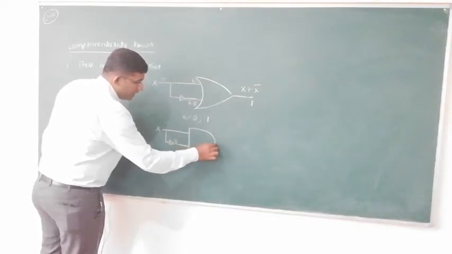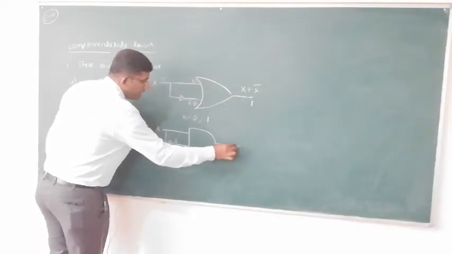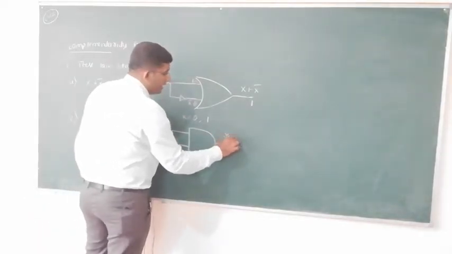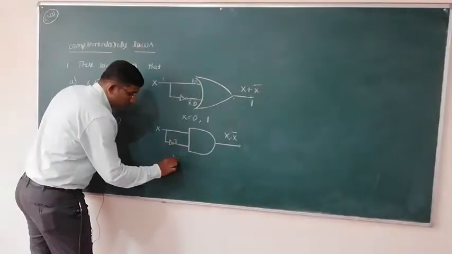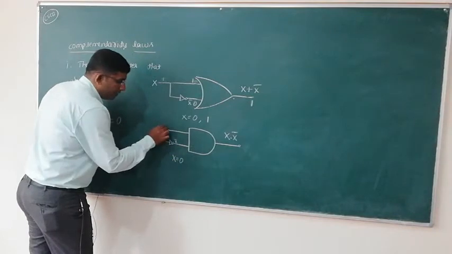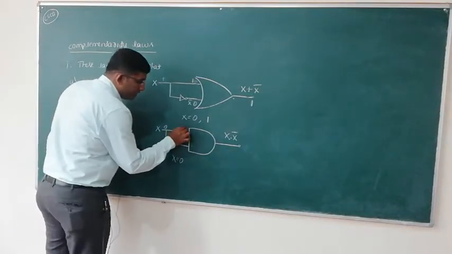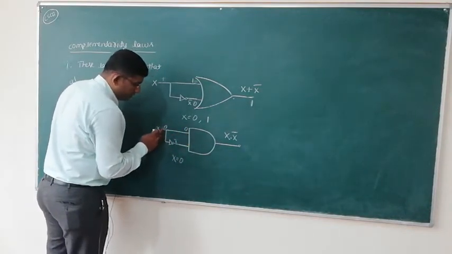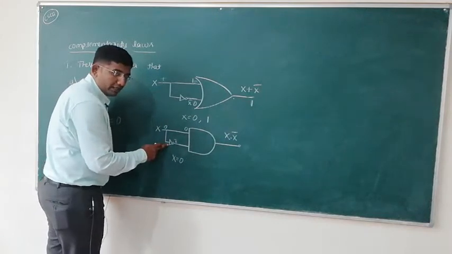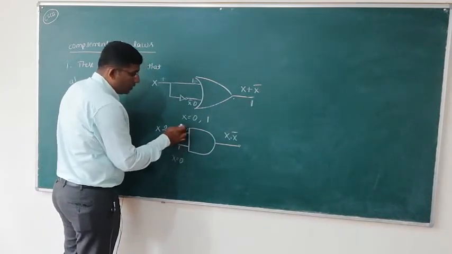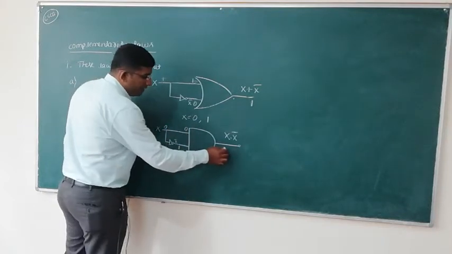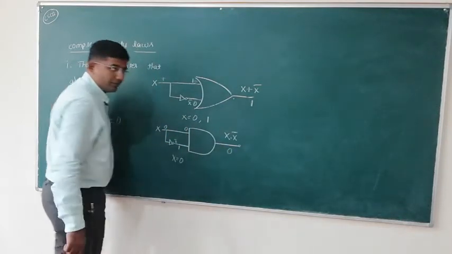Then it is inputted to the AND gate, and the output will be x dot x bar. If I consider x equal to 0, the first input of the AND gate is 0. If the same 0 is inputted to the NOT gate, it is complemented and becomes 1. As we know, 0 multiplied by anything yields 0 itself.